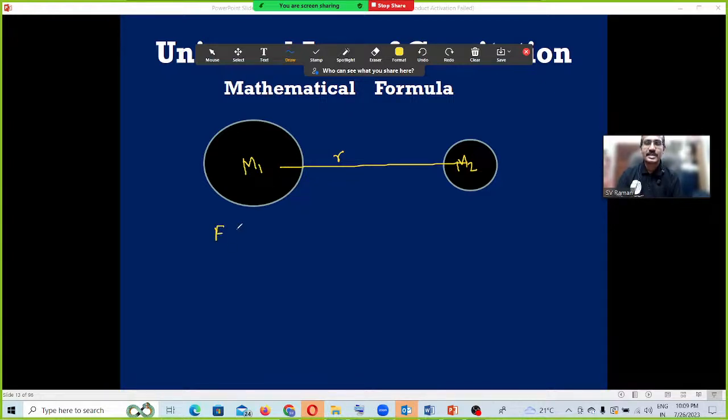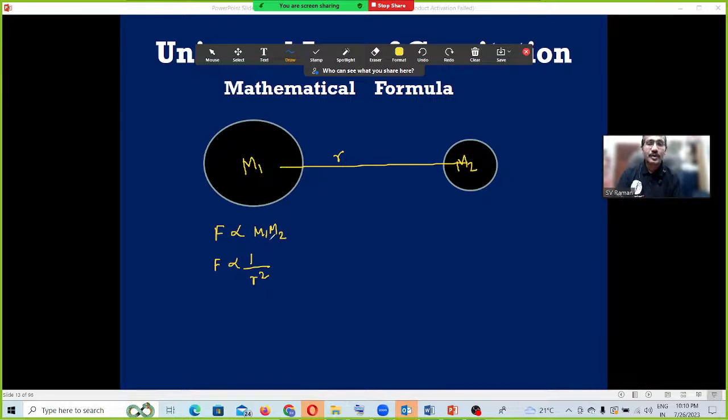Gravitational force is directly proportional to the masses m1 and m2, which means if mass increases, gravitational force will increase. At the same time, if distance increases, gravitational force will decrease. So F is inversely proportional to 1 by r square.